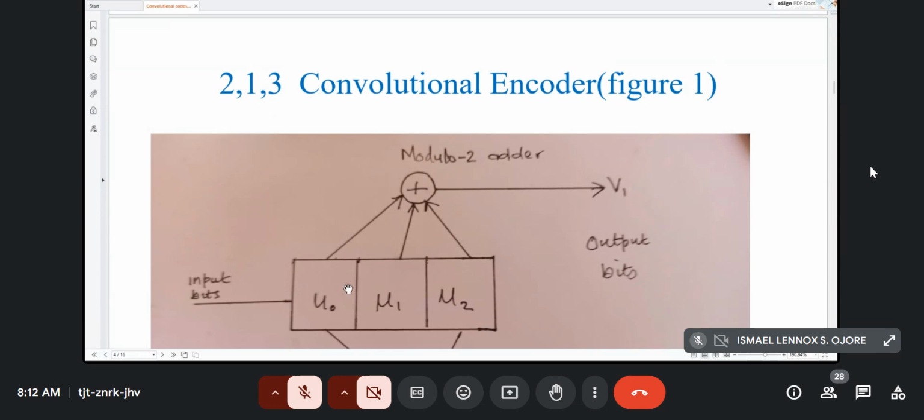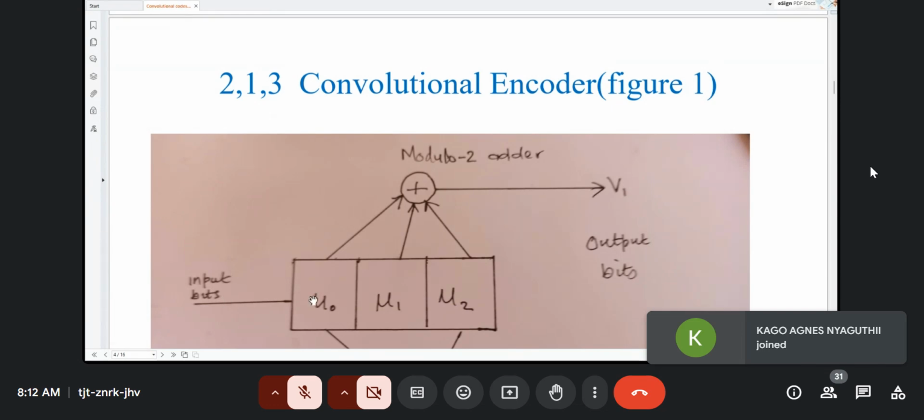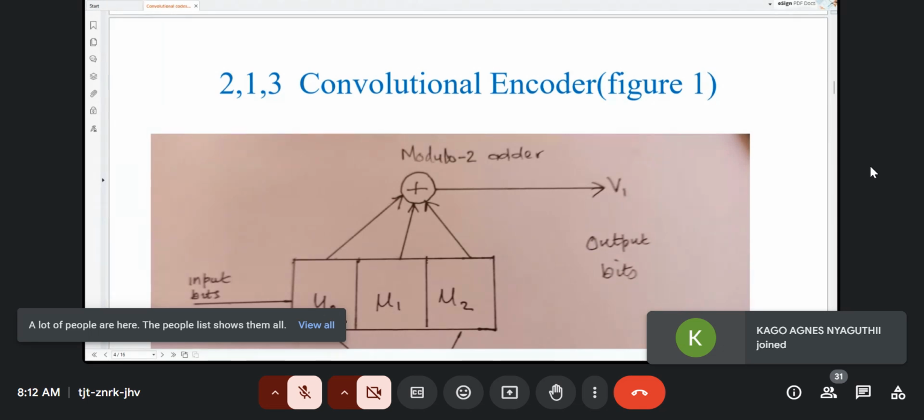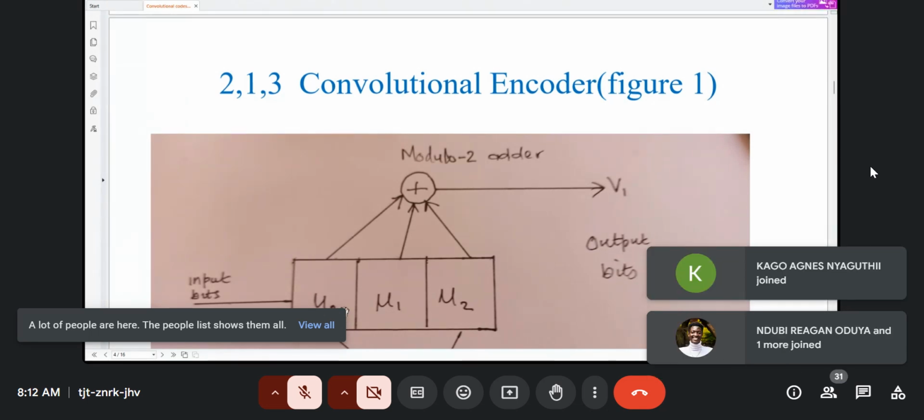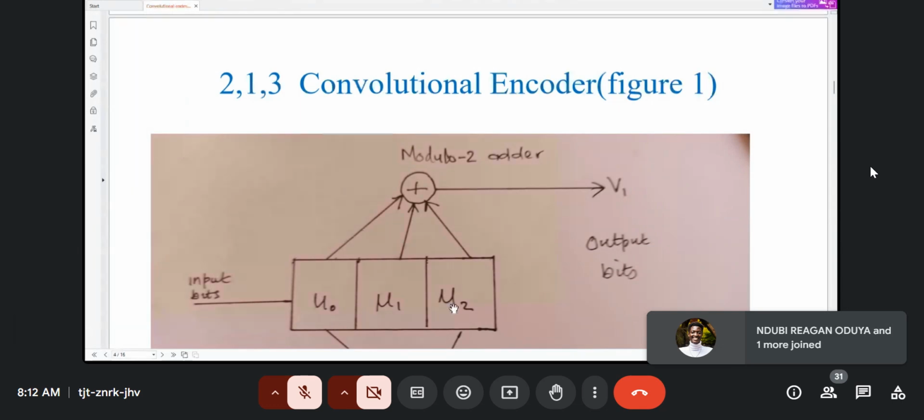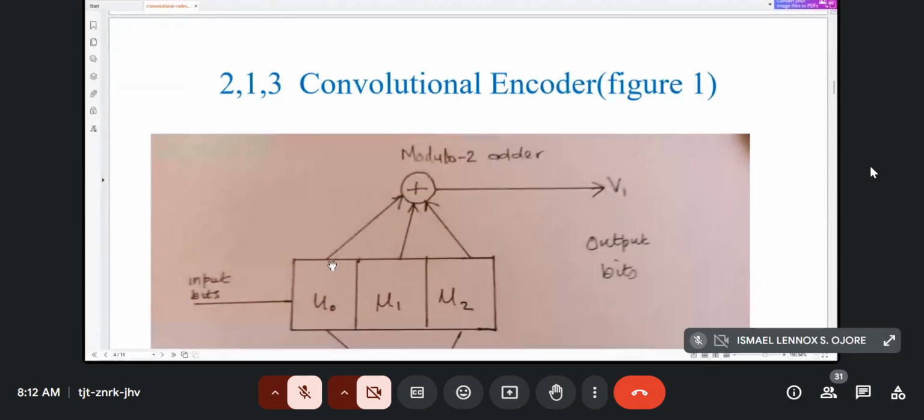So initially, we'll assume that the convolutional encoder is reset, which means everything is 0, 0, 0. And therefore, the output definitely will be 0, because what we are adding is what is in U0, what is in U1, and U2.